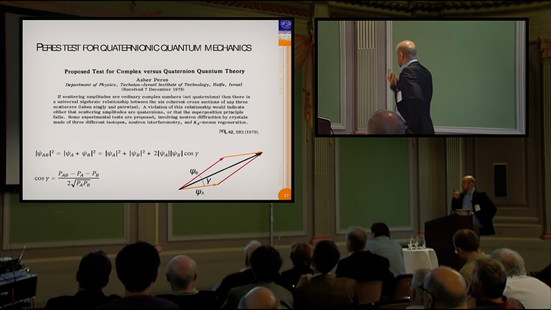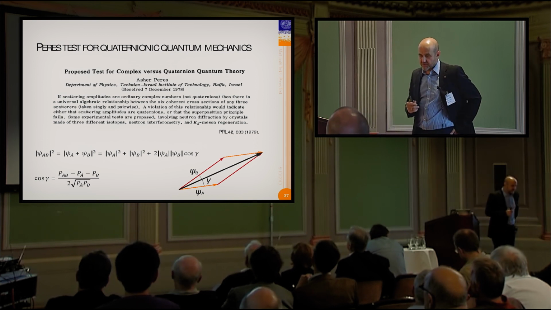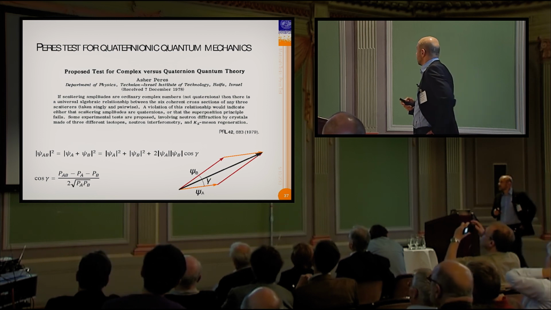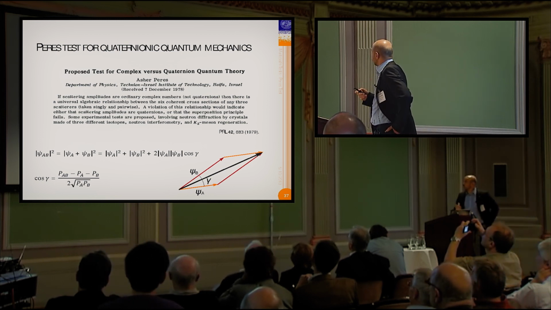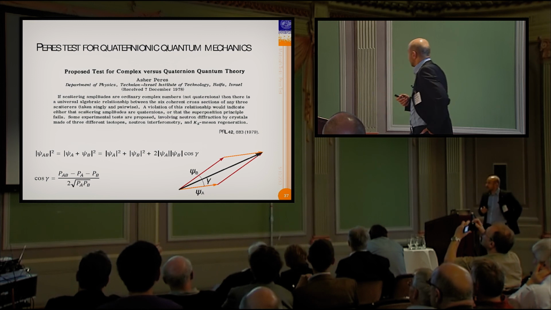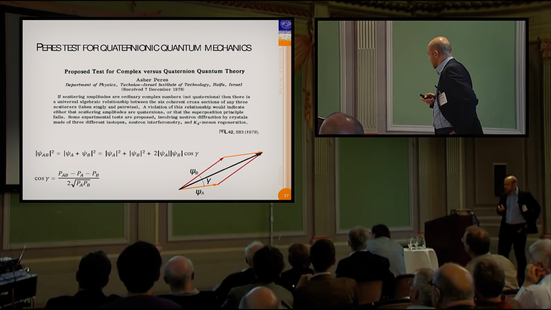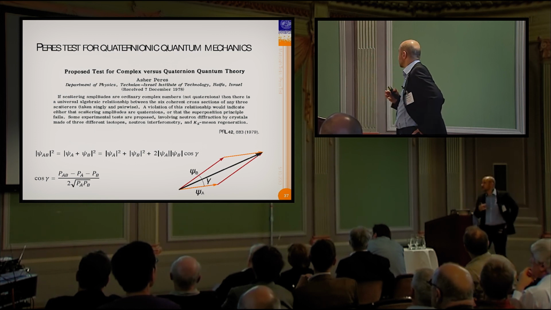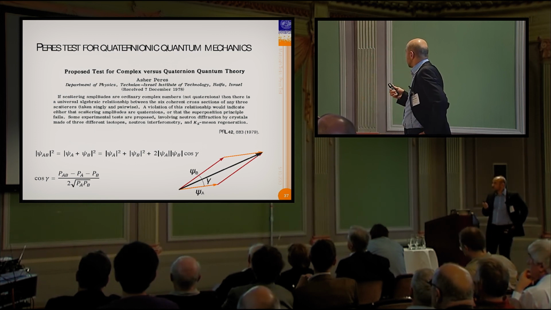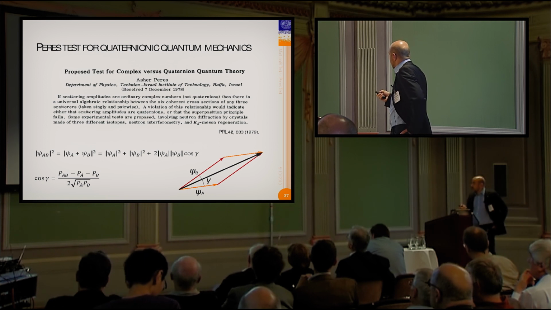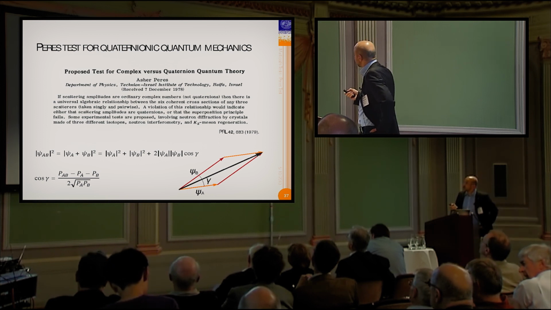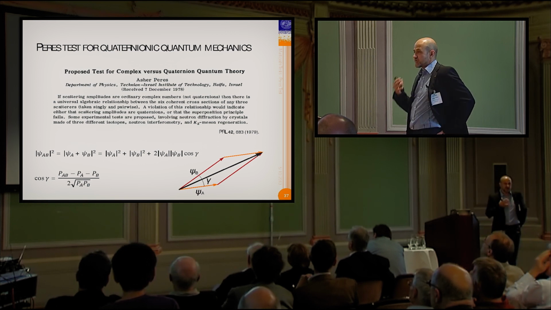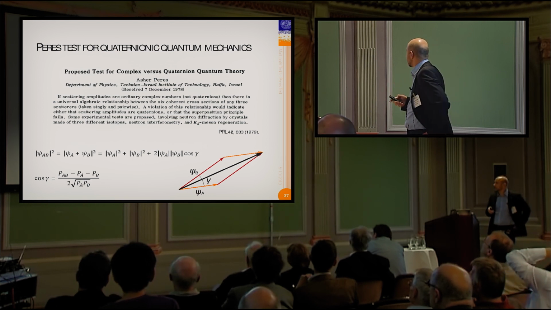And so the question is, Andre said before, we always puzzle about the complex numbers in quantum mechanics. Why not quaternions? I talked to Stephen Adler yesterday about why one would even study quaternions in quantum mechanics, and there were some ideas about problems that they might solve. Now, Asher Peres proposed a test to figure out whether quaternions could be there in nature, whether quaternionic quantum mechanics would describe nature.